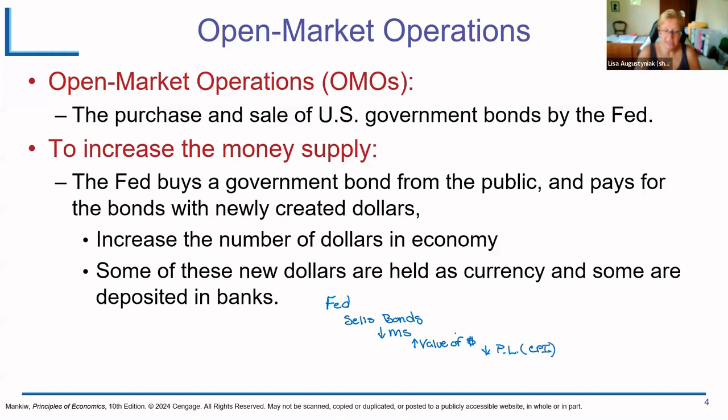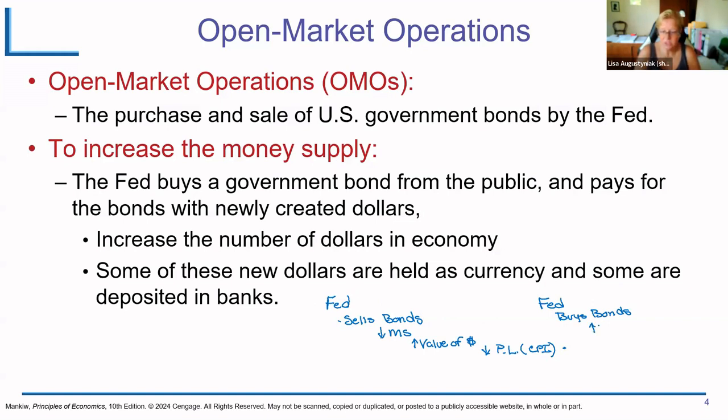And you can see it's not an exact process. It doesn't start here and end here very quickly. So the Fed has to be pretty precise in these movements. If the Fed decides to buy bonds, then they're taking pieces of paper out of circulation and increasing it with dollars.